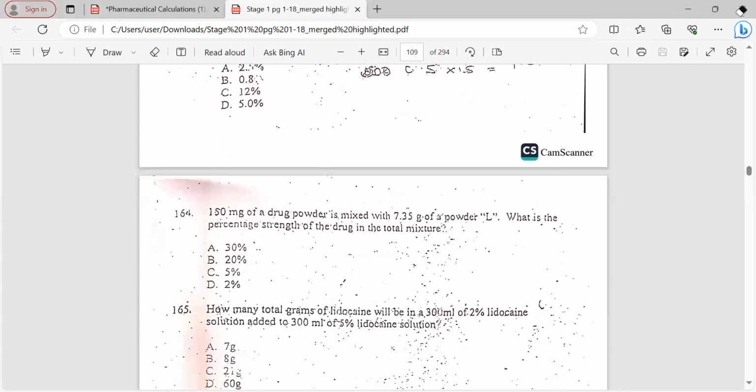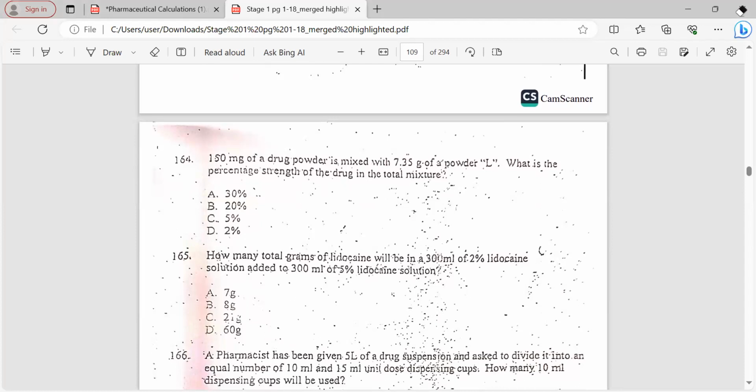Then the next one, 150 milligrams of a drug powder is mixed with 7.35 grams of powder L. What is the percentage strength of the drug in the total mixture?